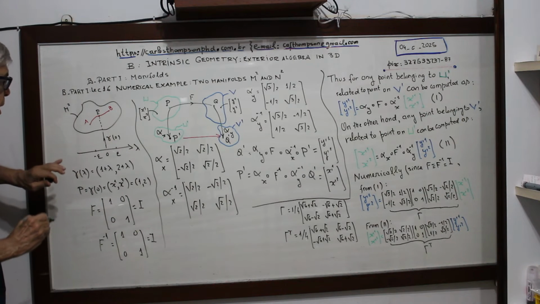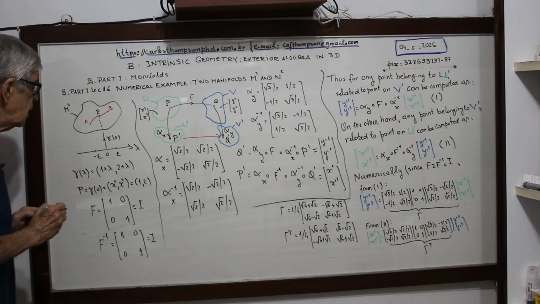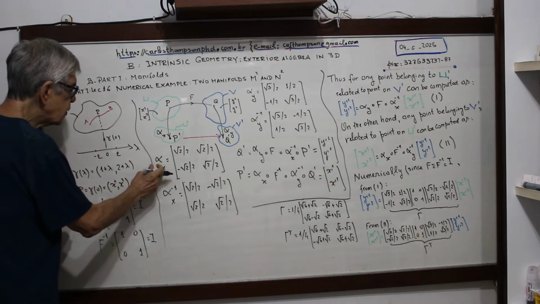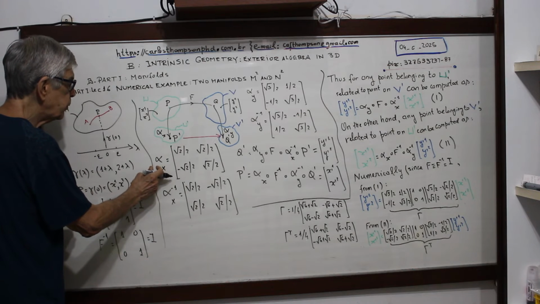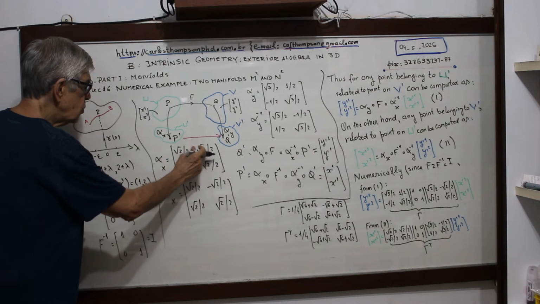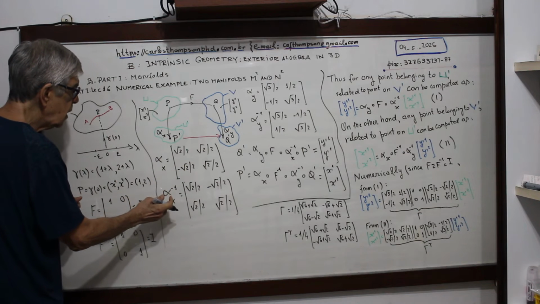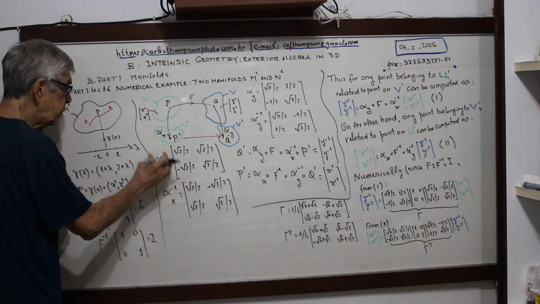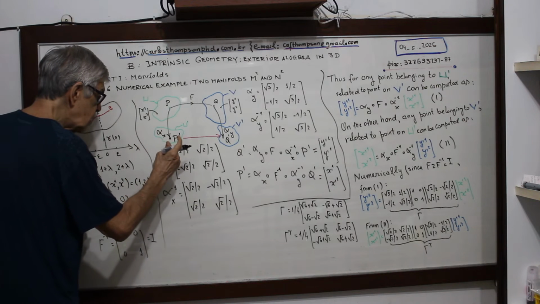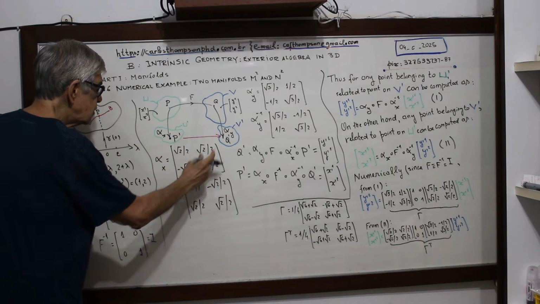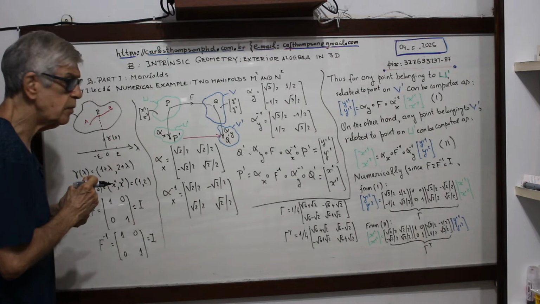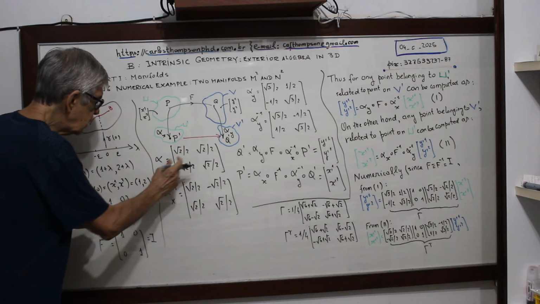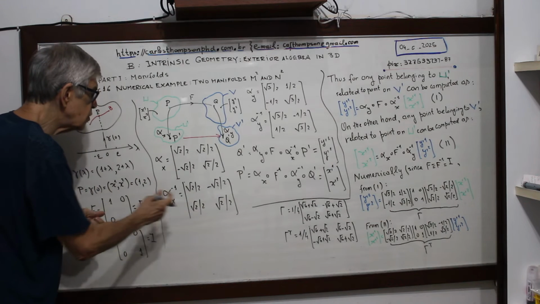Now, I want to present alpha sub x, which is a map. This is square root of 2 here, and this is alpha x minus 1. Since I choose this matrix coming from an orthonormal basis, the inverse is equal to the transpose.